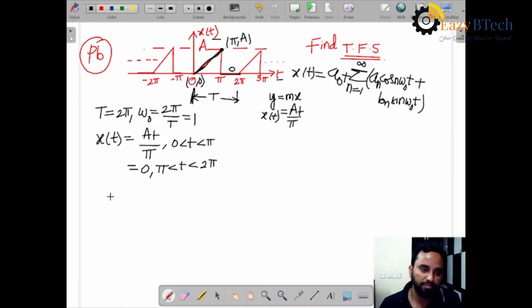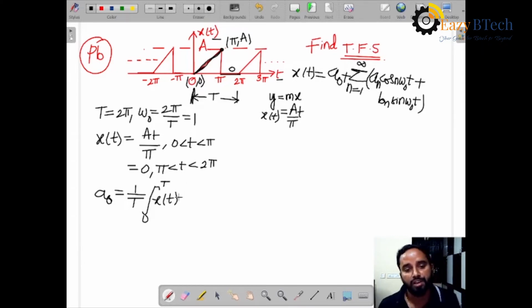Let's do a naught. a naught is the average value or DC value of x of t. The formula is 1 by T integral 0 to T of x of t dt. So here x of t is A t by pi, only from 0 to pi, but the capital T time period is 2 pi. So this integral is from 0 to 2 pi, and x of t is available only from 0 to pi, which is A t by pi.